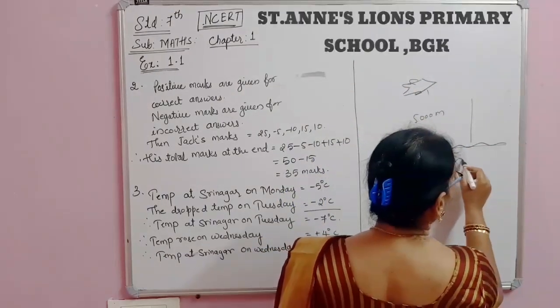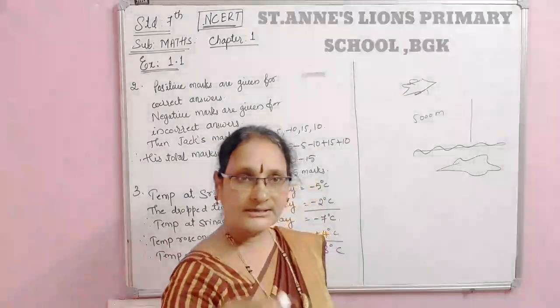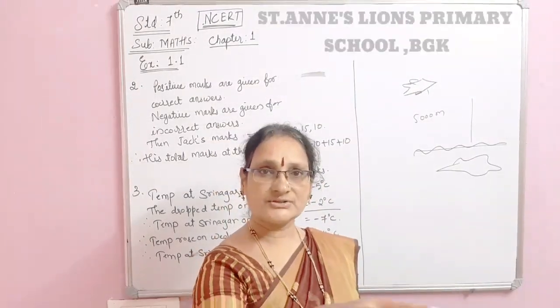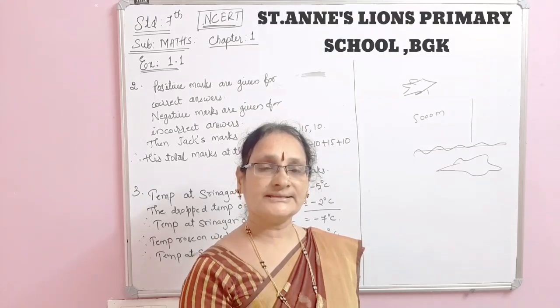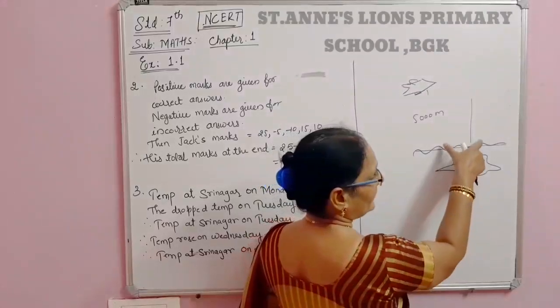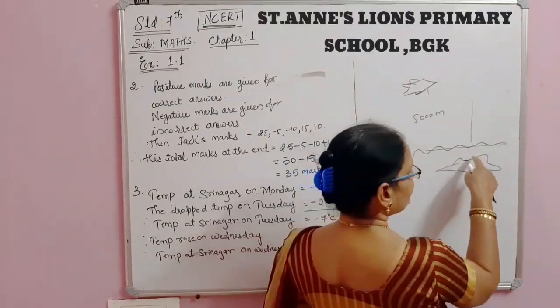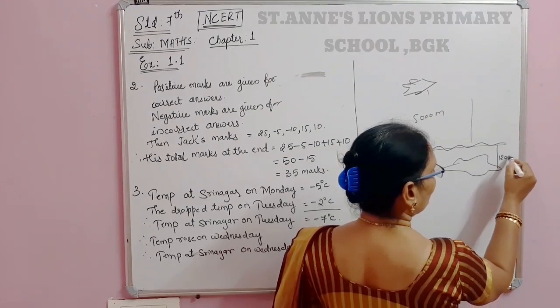Here there is one submarine. A submarine goes under the sea level and searches for things. There is one branch in engineering, that is submarine engineering. Here one submarine is under the sea level. The distance between the sea level and this submarine is 1200.